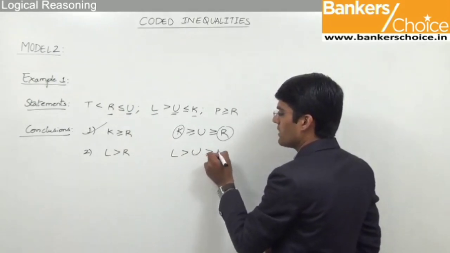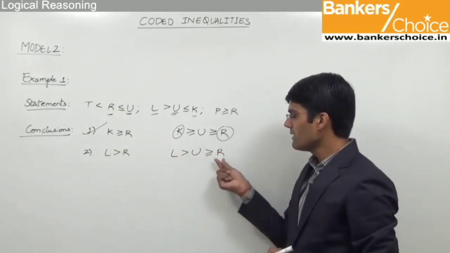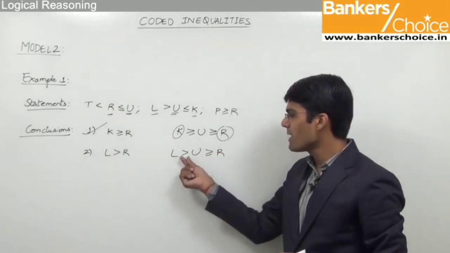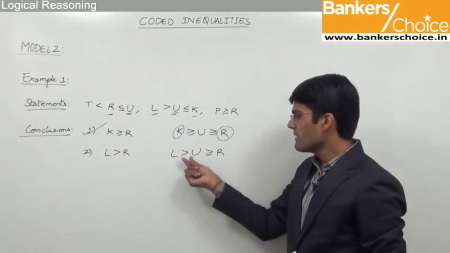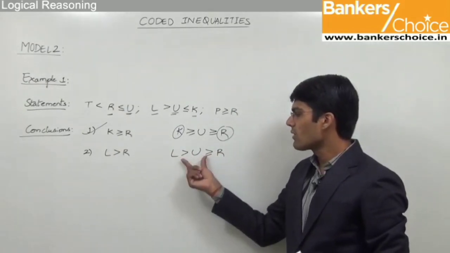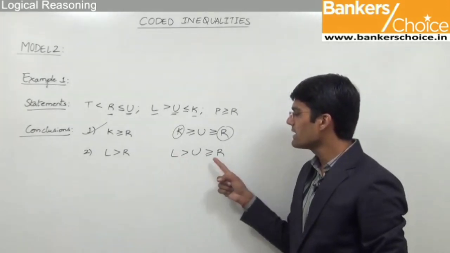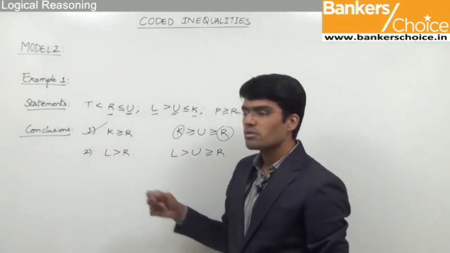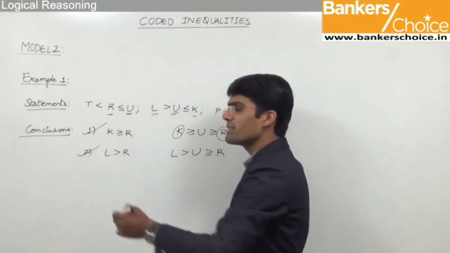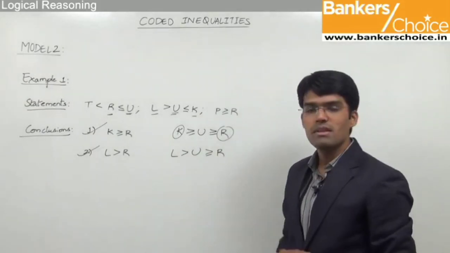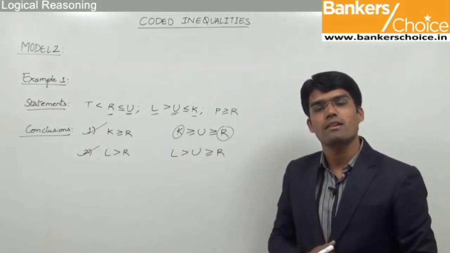Now from this, if we apply rule number 2, that is whenever we have similar inequalities, the common part should be considered as a relationship. So we can say l greater than r, and that is given in conclusion 2. So even conclusion number 2 is true. So the answer here should be both conclusion 1 and 2 are true.